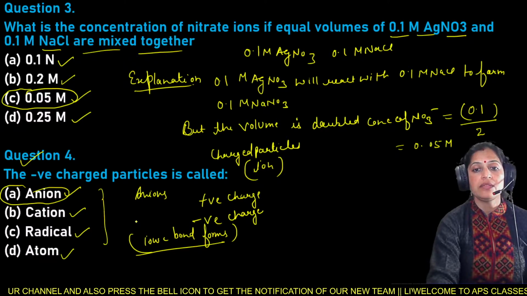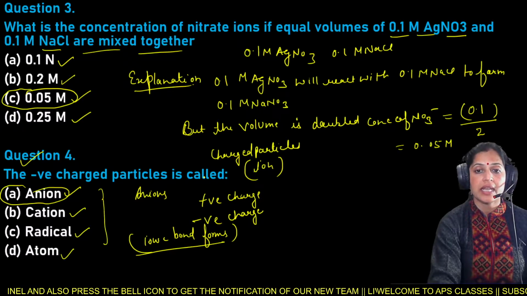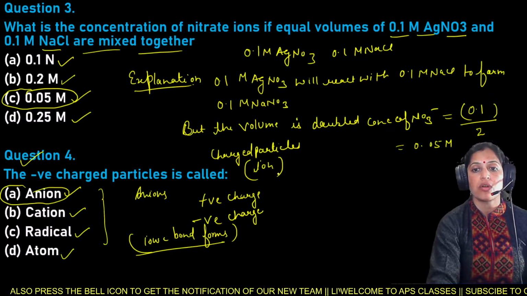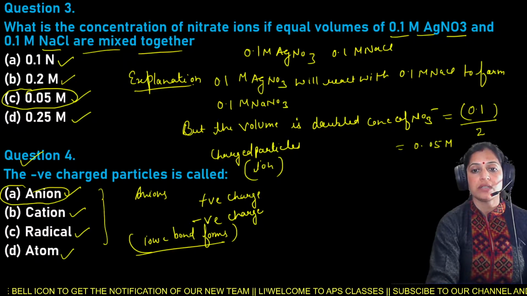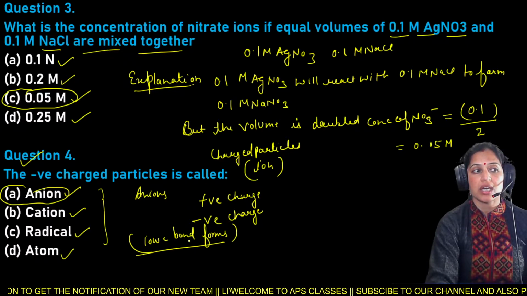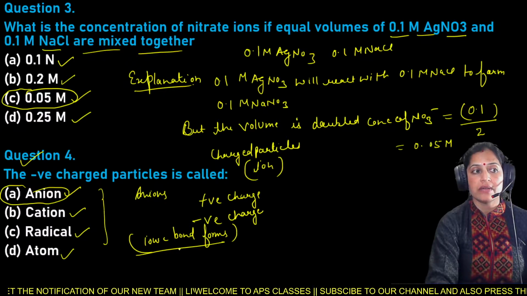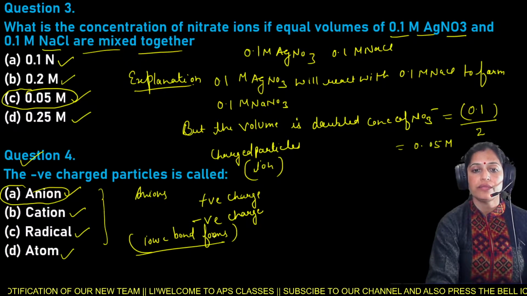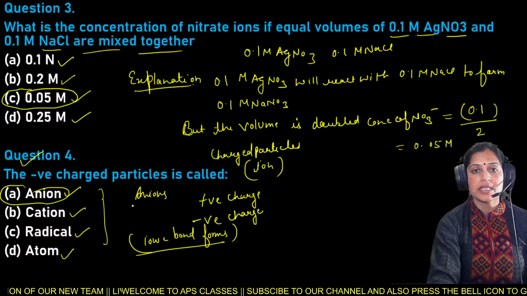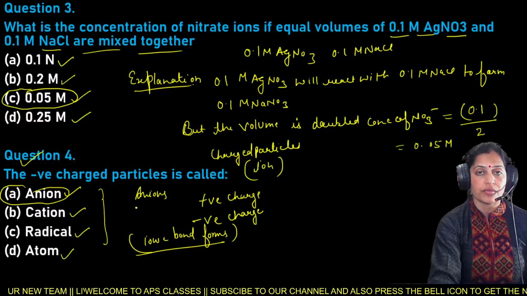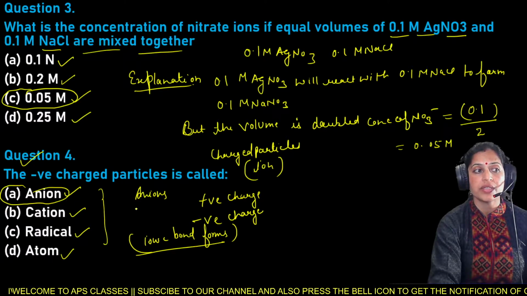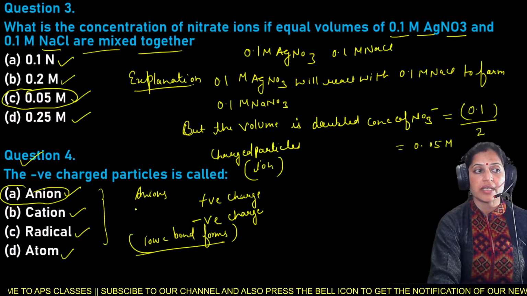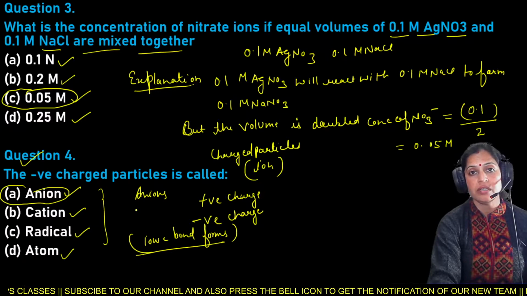So here the negative charged particle is called an anion, because charged particles are called ions, having positive or negative charge. And this happens whenever an ionic bond forms. Two particles having different numbers of electrons start reacting with each other.